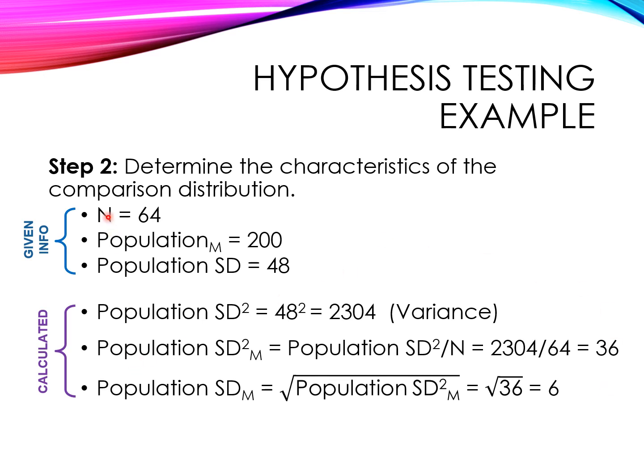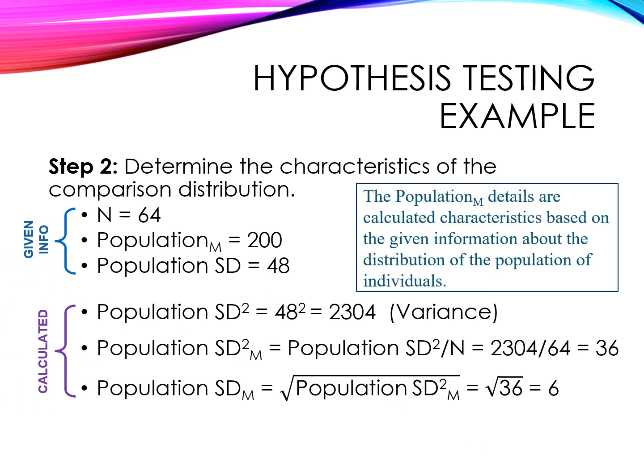Okay, so we are already gathering a lot of information. We have the given information and we have the calculated information. The population sub m details are the calculated characteristics based on the given information about the distribution of the population of individuals. So we were given that information and we can draw conclusions about our distribution of means.